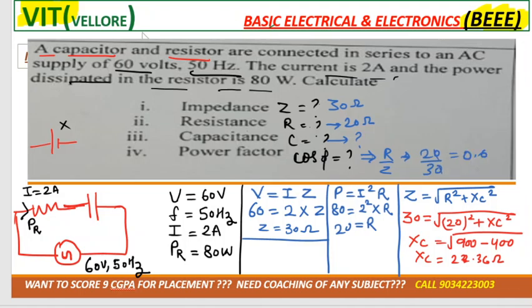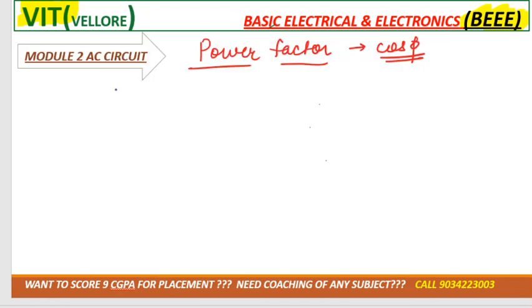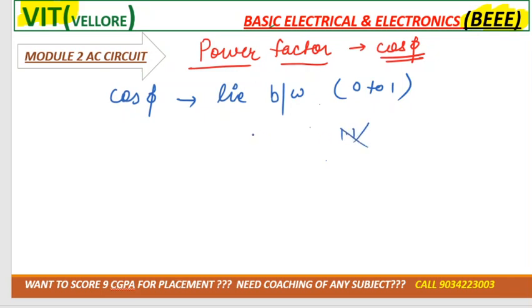One thing you must remember about the power factor is that it always lies between 0 and 1. If you are getting a value greater than 1, then that means you have calculated wrong.